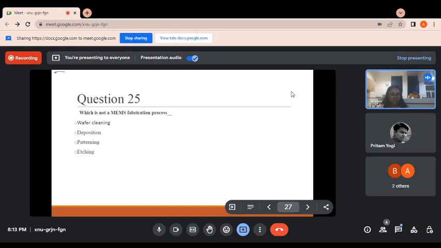This wafer cleaning is the additional process. So first we clean the wafer, then we go for the fabrication. So we can say the cleaning process is the pre-fabrication process. It means the wafer cleaning process is the pre-process of MEMS fabrication. Okay. Yes.